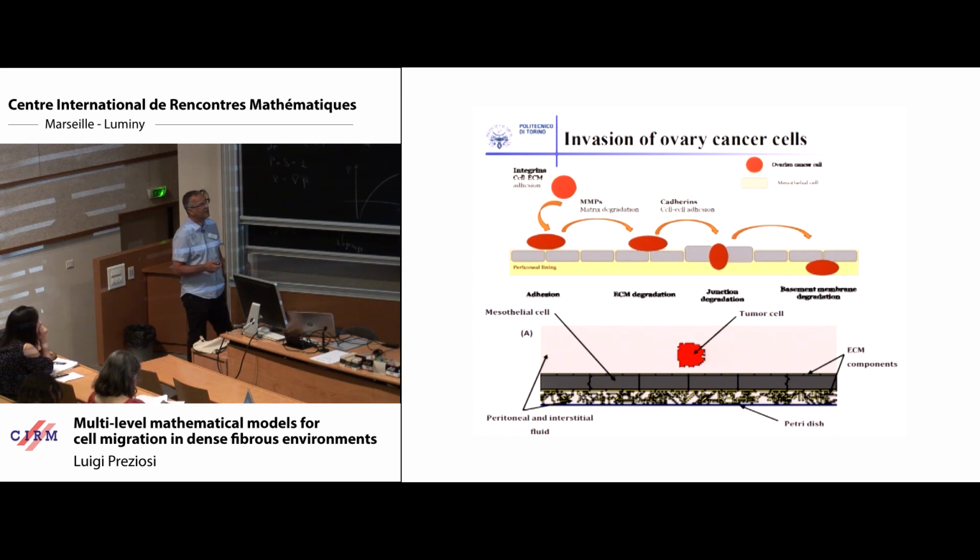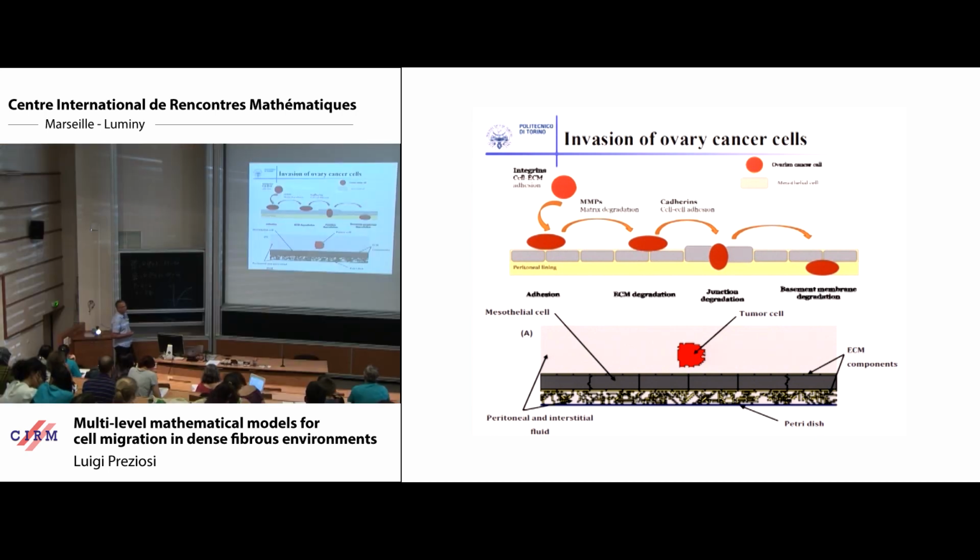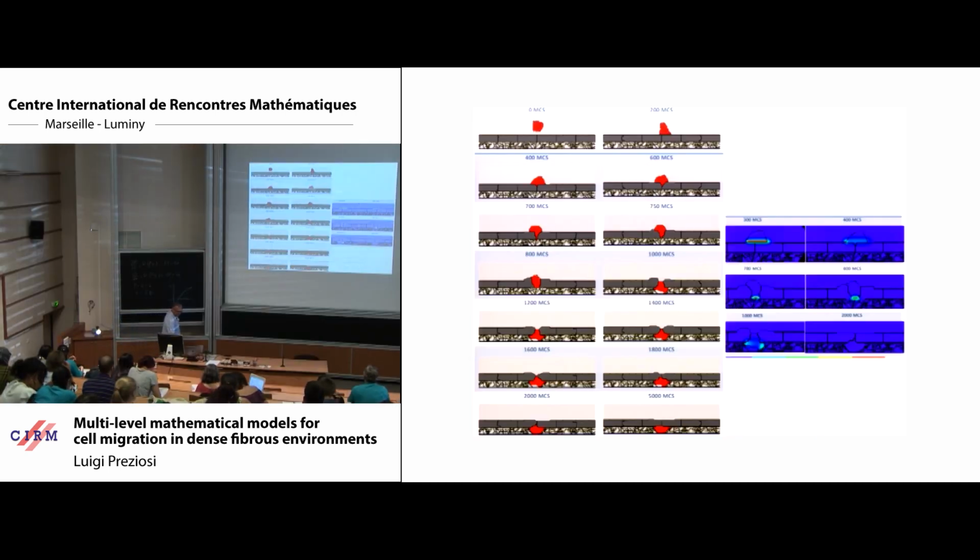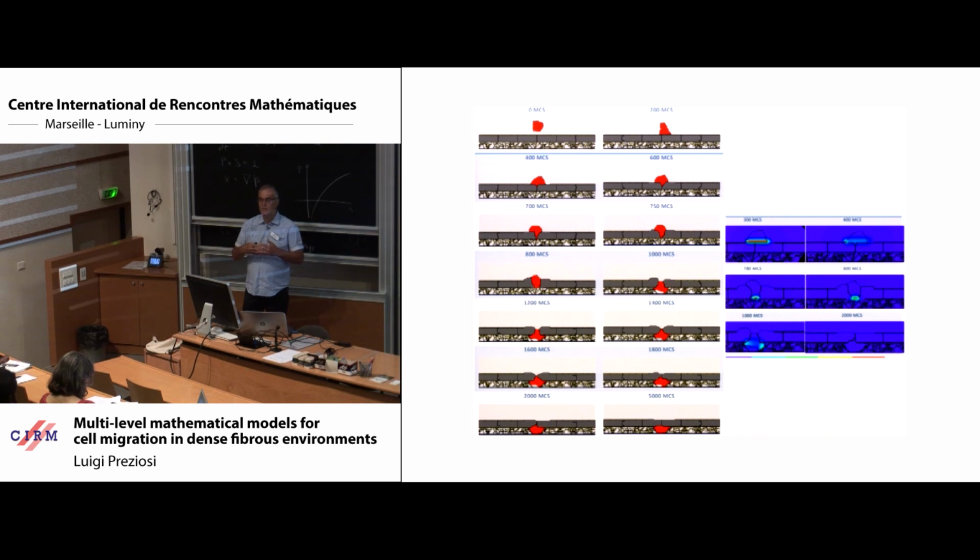This is our informatical, modeling picture, and this is the result of the simulation. We have the cell that is going down, adhering to the extracellular matrix. It's degrading the extracellular matrix here. It's interfering with the cells' junction, so that, if you remember the cellular Potts model, it has a term that takes into account the interface energy, how the cells want to stay together.